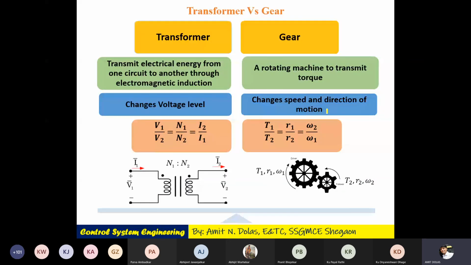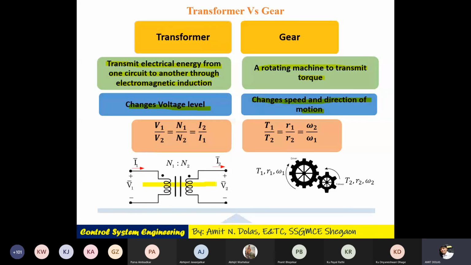Transformer, I'll take 2-3 minutes and then I'll stop. Transformer versus gear. What is a transformer? It transmits electrical energy from one circuit to another through electromagnetic induction. But what is a gear? A gear also transmits energy from one gear to another gear, but mechanically, say torque and so on. So a transformer changes the voltage level, while a gear changes the speed or direction of the motion.